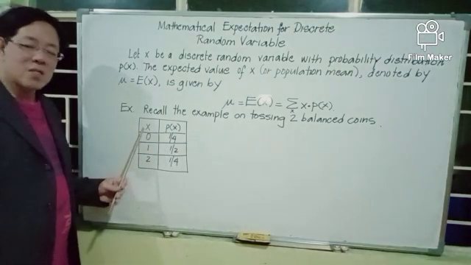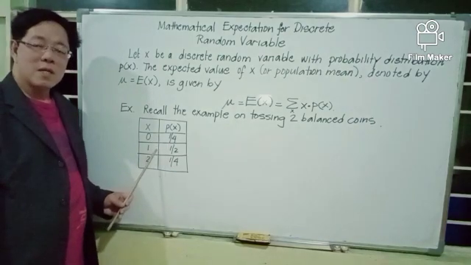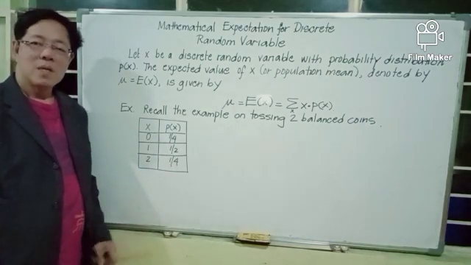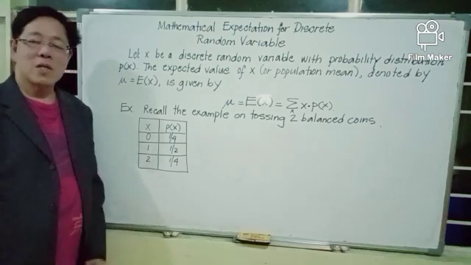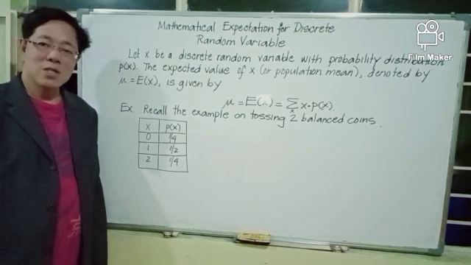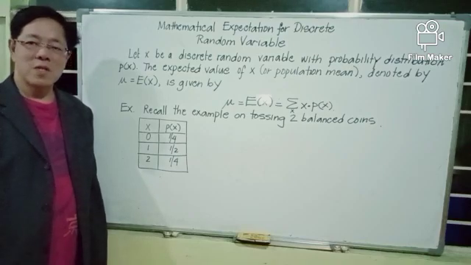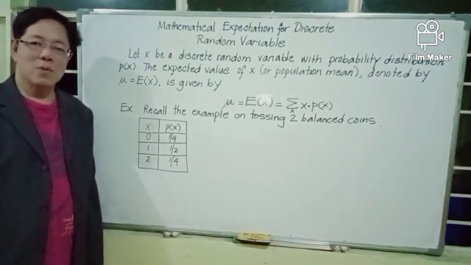Another possible value of the discrete random variable x is 1, and the probability that x is 1 is 1/2. There are two events where you can get one head: HT, head in the first coin and tail in the second coin, or TH, tail in the first coin and head in the second coin.